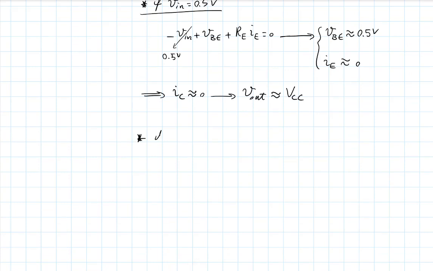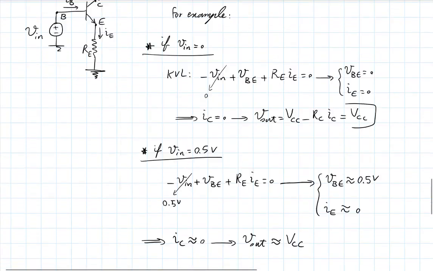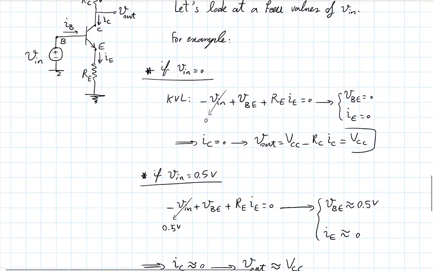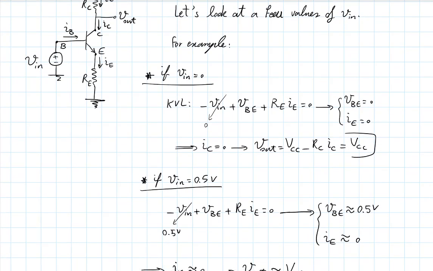Now, if V in becomes more than, more or less 0.7 volts, then what happens? You see, as you're increasing V in, it keeps going up until it reaches around 0.7 volts, and that BE diode turns on.